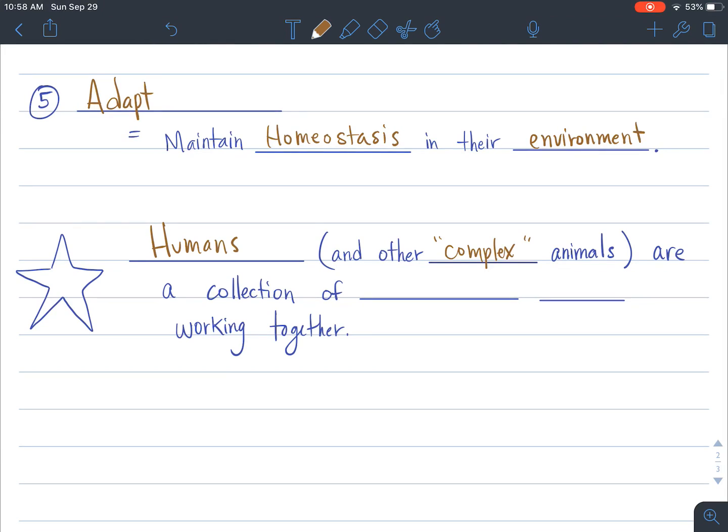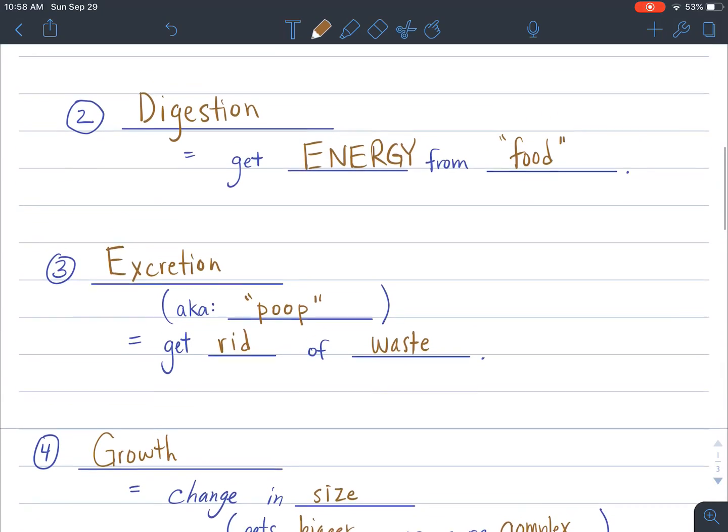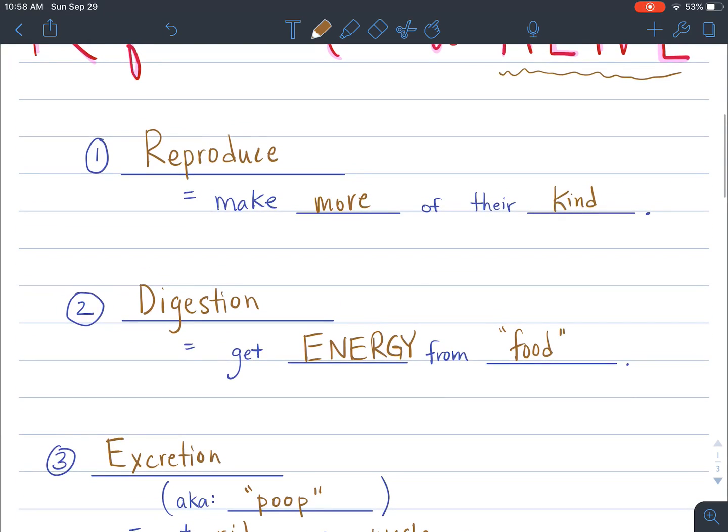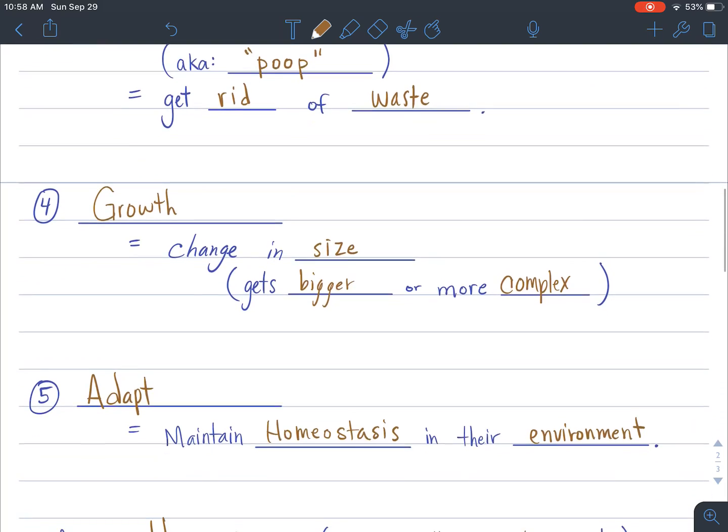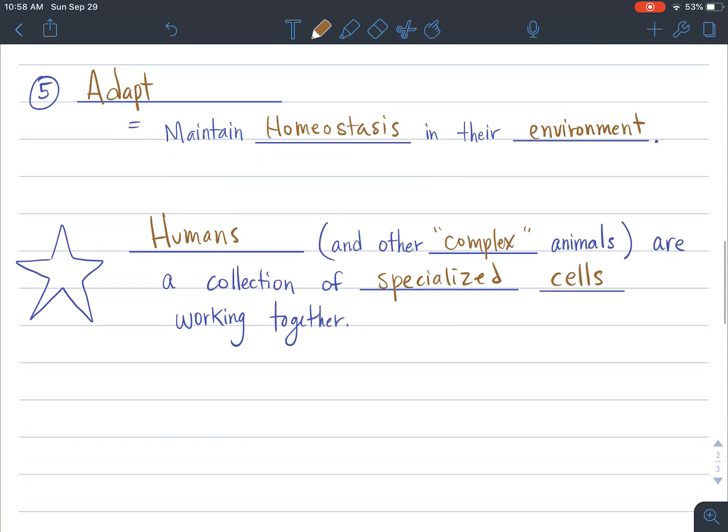We're basically all just a collection of specialized cells that are all working together. Because there is not one of our cells that does all of these things, but they themselves are not alive. But we, as an organism, are alive. And so the cells have decided to choose a task, work towards that task, work together with other cells in our body that are doing other tasks in order to keep us alive.